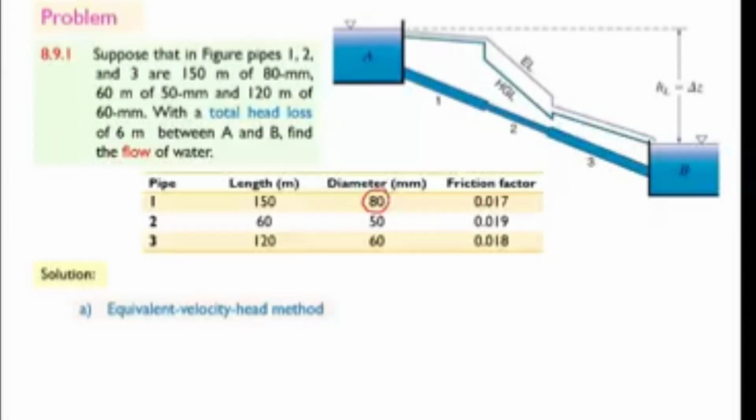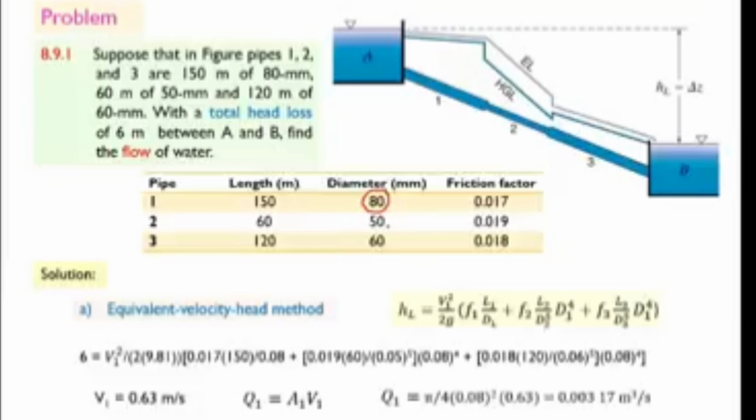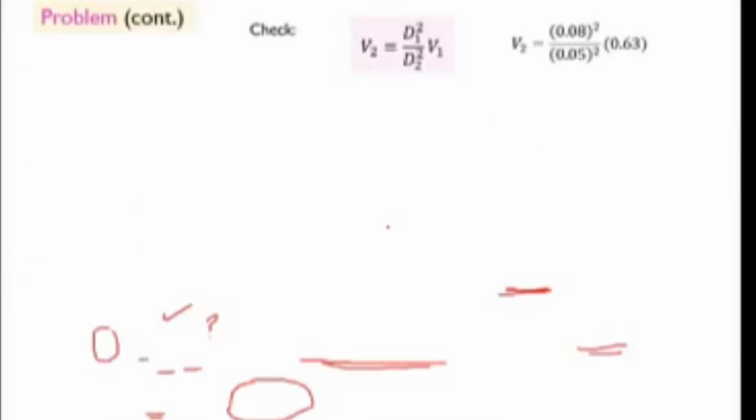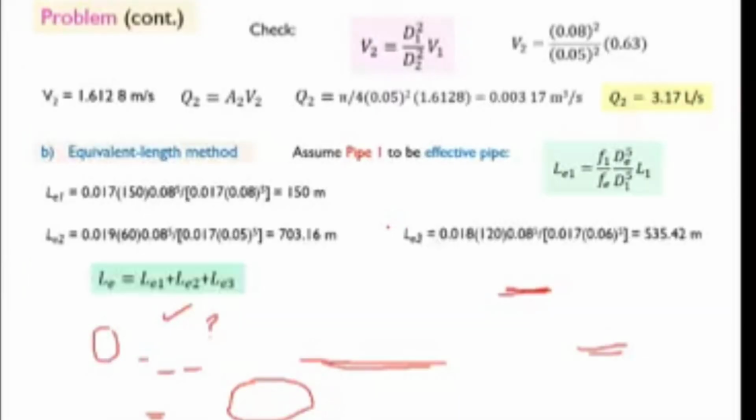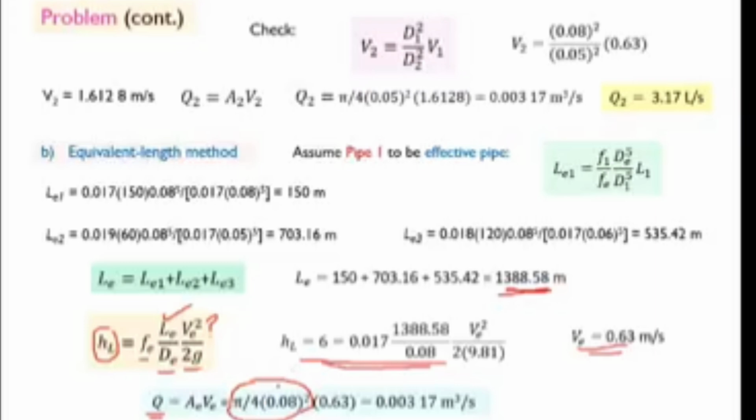So keep the units consistent. So this is how these values come. So now we are able to calculate the discharge. So now from here, the discharge comes out to be 0.00317 cubic meter per second.